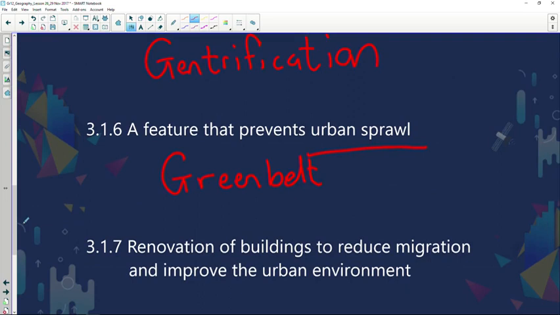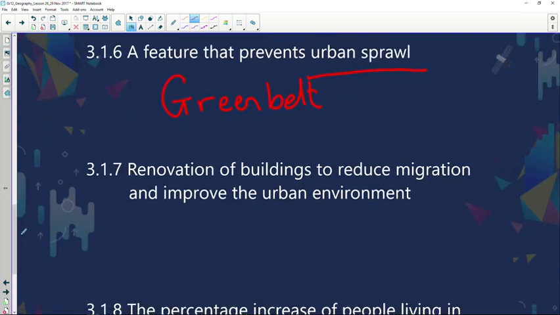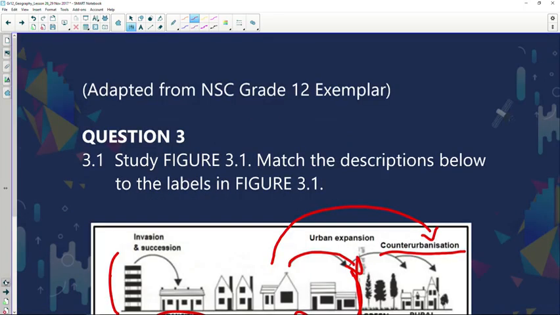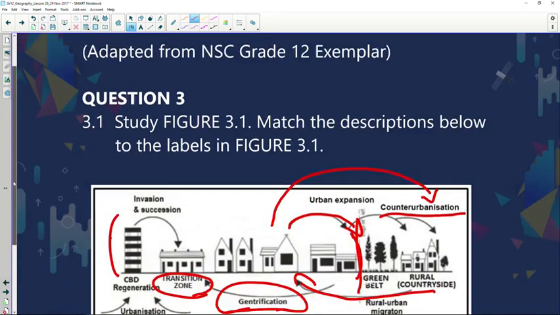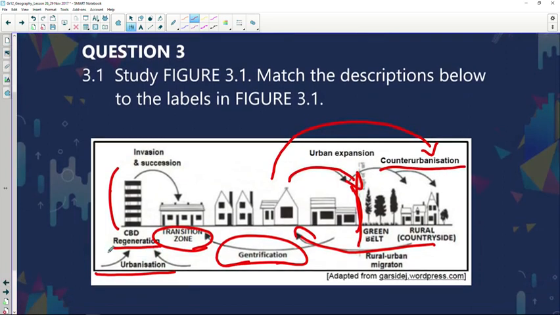Okay, and 3.1.7, a renovation of buildings to reduce migration and improve the urban environment. So obviously to improve the urban environment, what we can do is regeneration. And where can you find it over there? The CBD regeneration. We want people to stay in the CBD.